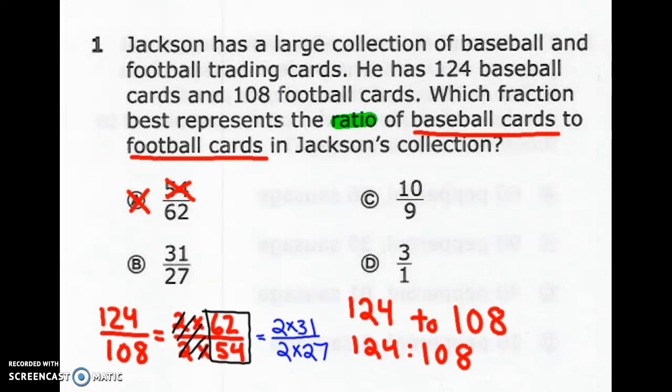Then I'm going to check, what do I see that they have in common on top and bottom? They have 2's on top and bottom, so those get canceled out. And what I'm left with is an answer that I do see, which would be 31 over 27. So we're looking at answer choice B for question number 1. 31 over 27.